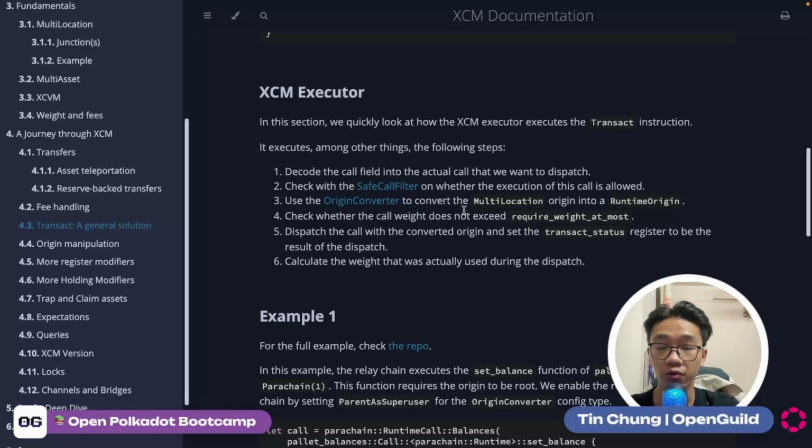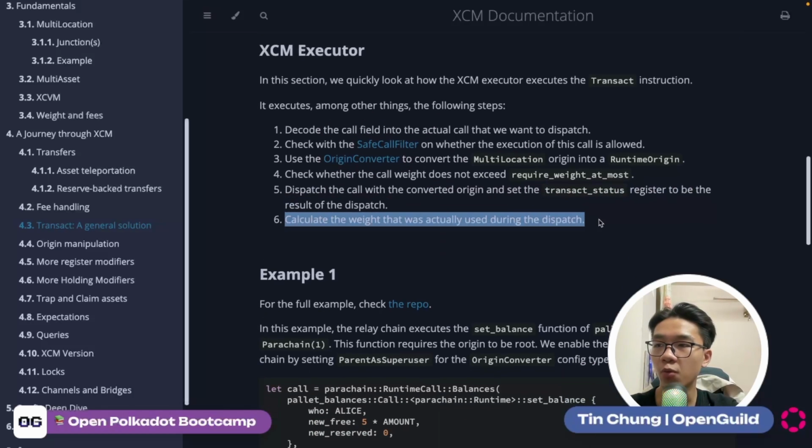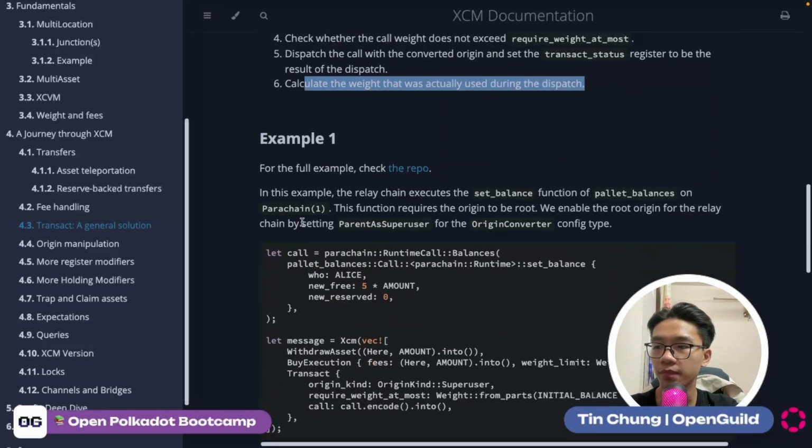When you involve a runtime call, there are different types of origins, so you have to convert the MultiLocation. Check that the call weight does not exceed the required weight at most; we have to set the limit for the weight. Dispatch the call with the converted origin and set the Transact status register to be the result of the dispatch. Calculate the weights that were actually used during the dispatch.